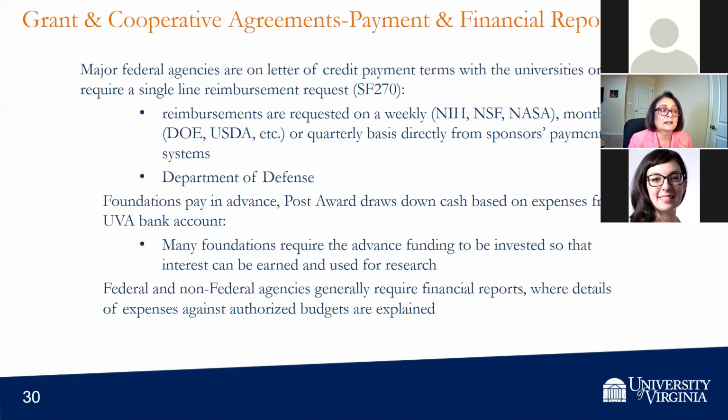And that is done by PostAward, by the central office. NSF does not require us to submit the FCTRs. NIH is also going to stop requiring us from submitting the quarterly FCTRs very soon. So that's another cash report that we have to submit from the central unit to the government.